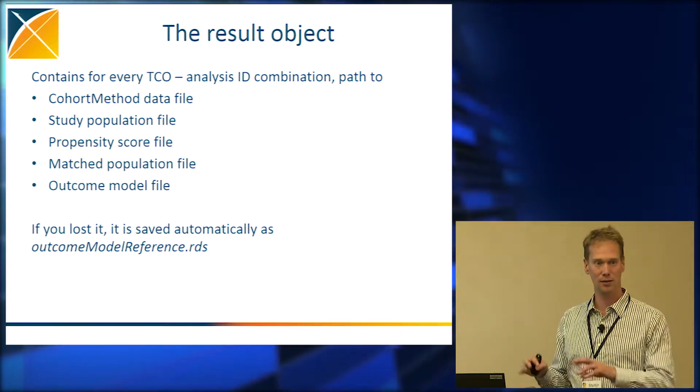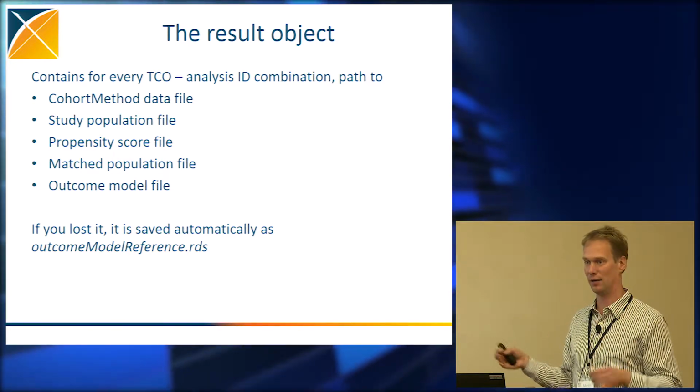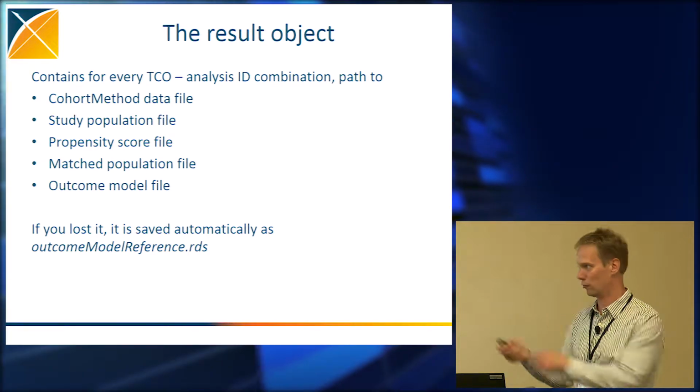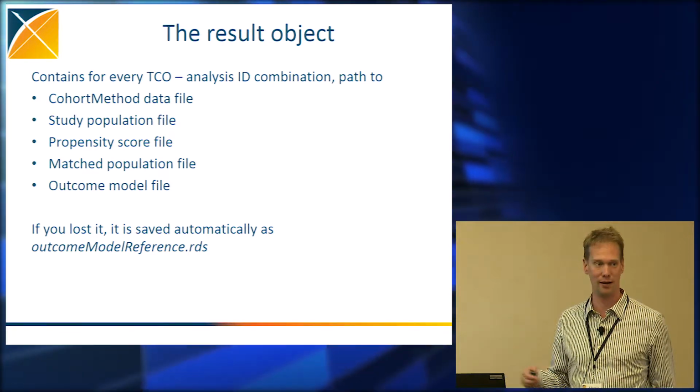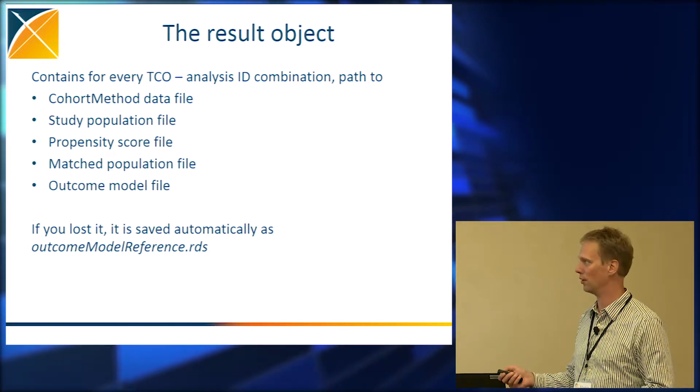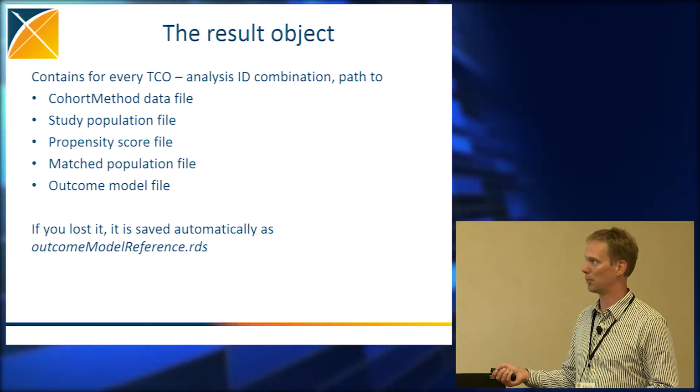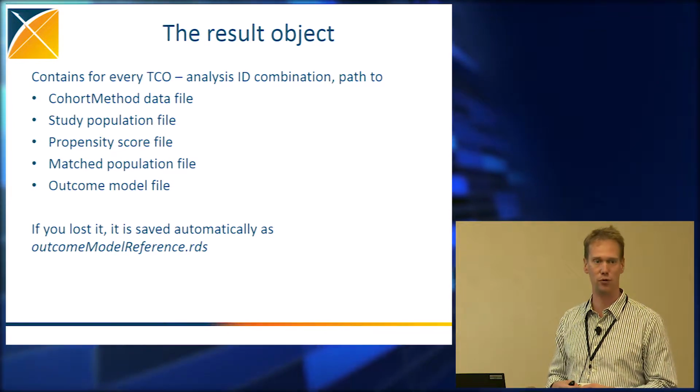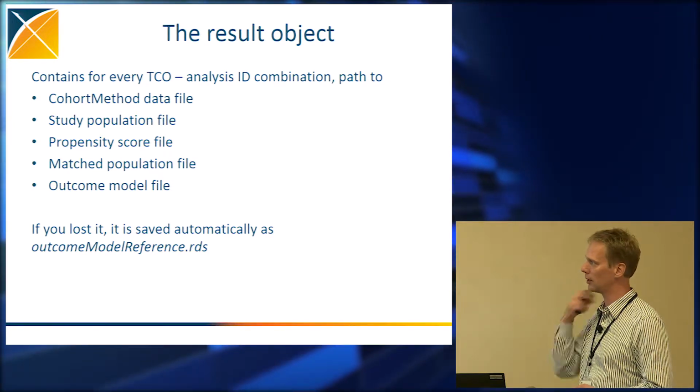So you can just load those and do anything with them that you want to, like load the outcome model and look at the estimate that came out of it, or you can load the propensity score file and plot its distribution, for example, if you want to.